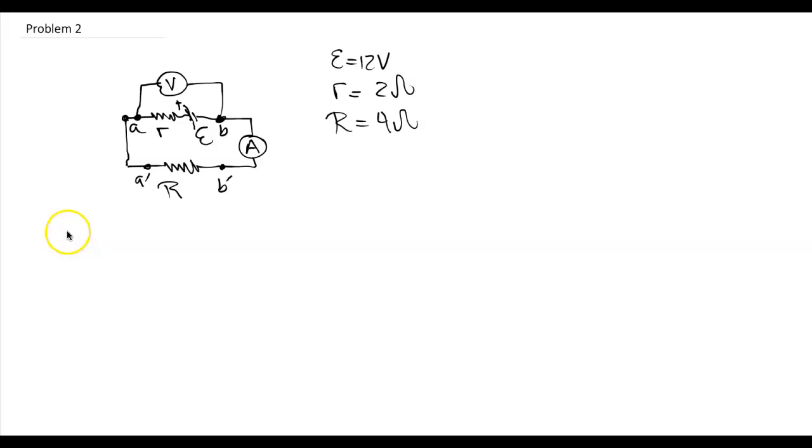For problem 2, we have the figure, which I tried to recreate in this page. And we notice that we have a current going through the circle.